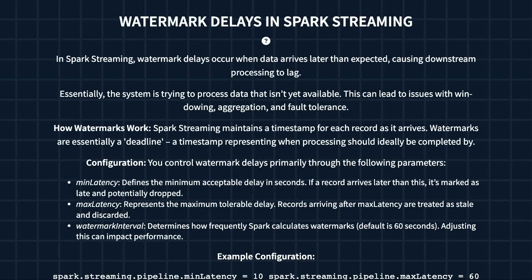Okay, let's talk about watermark delays in Spark streaming. Think of it like this: sometimes data isn't exactly when you expect it to be, leading to a slight lag in your processing pipeline. This is what we call a delay. A watermark is basically a deadline that Spark sets for itself, a time by which processing should ideally be finished. Spark uses parameters like min latency and max latency to control how much delay is acceptable.